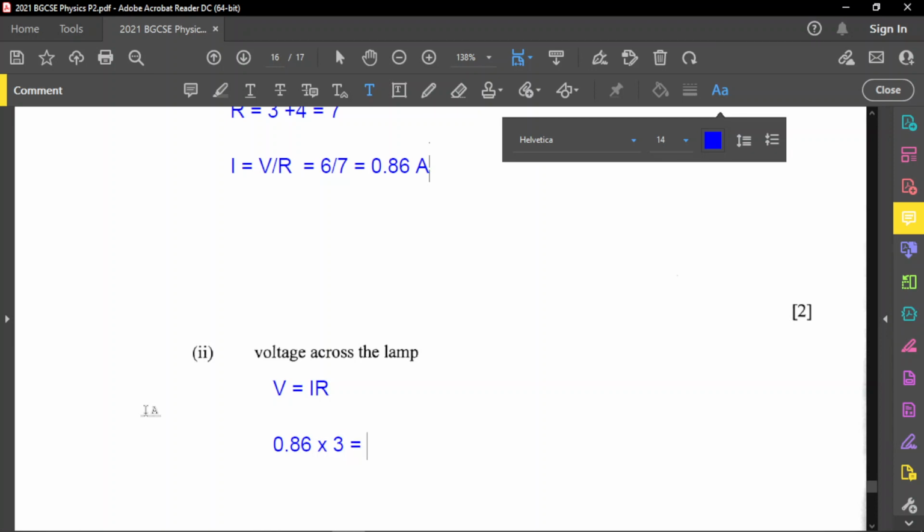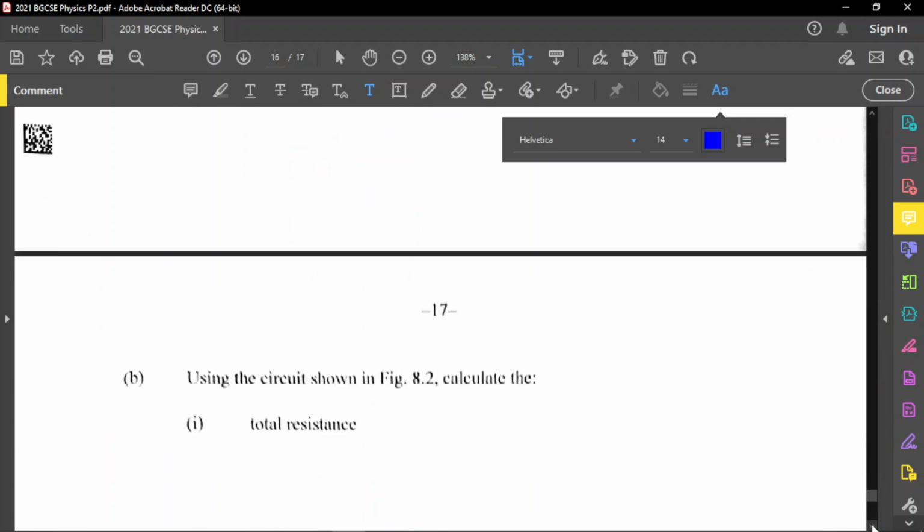Therefore, what we get here is 2.58 volts. So that's the voltage across the lamp itself. All right, let's go to the next part of the question.